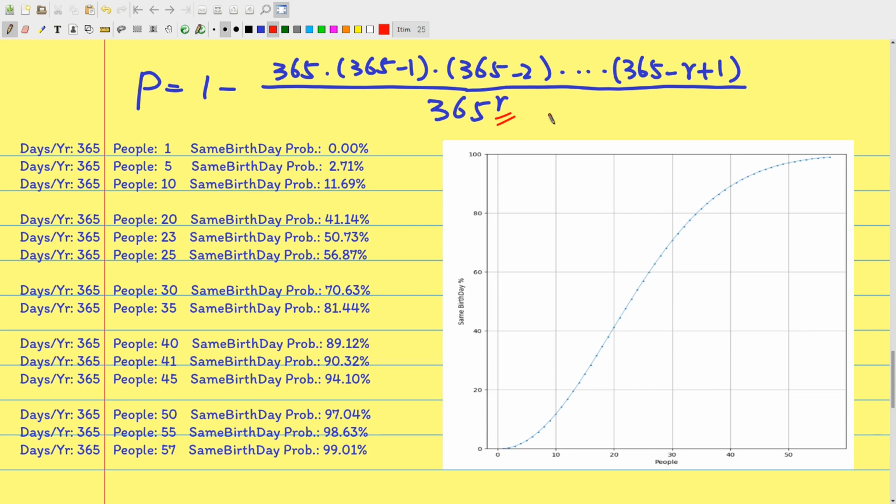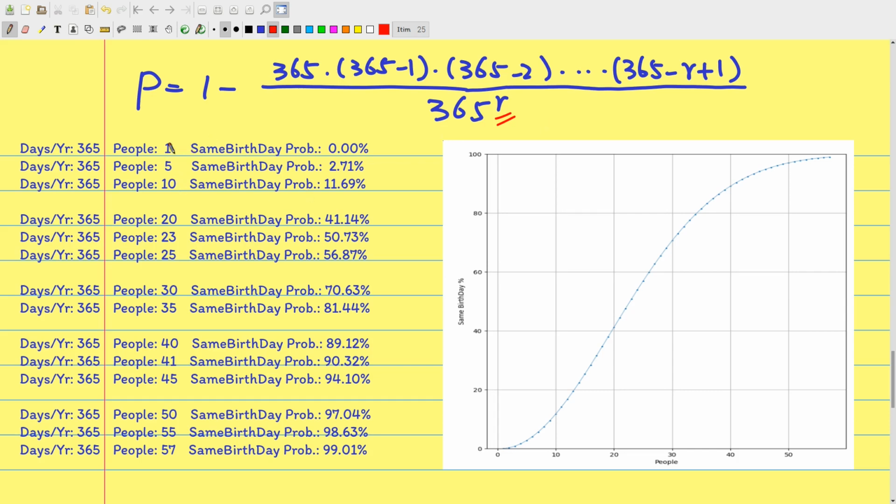But we know that if we have 366 people in the same room, 100% there will be people who have the same birthday, because we always have at least 2 people with the same birthday.